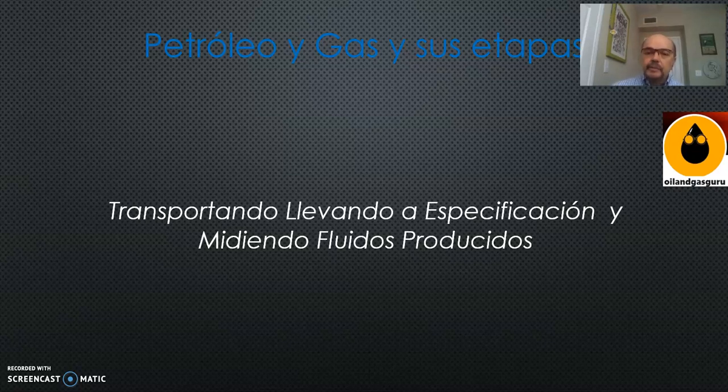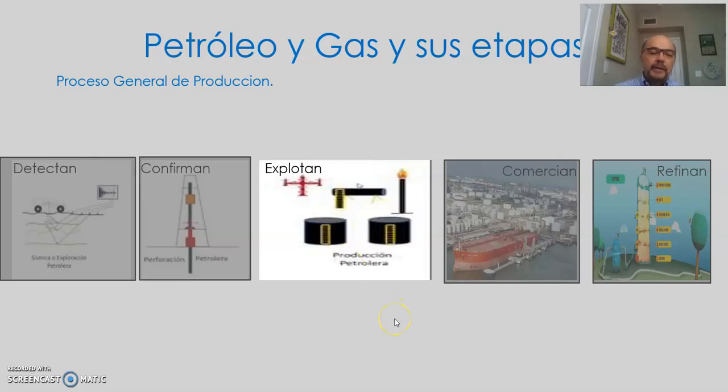Like I said, we already have a field producing good. We already know what we have. We have simulated all the gathering system. We have simulated all the nodal analysis as well, and we are almost ready to put those nodal analysis in the trunk lines to the CPF or the flow stations.